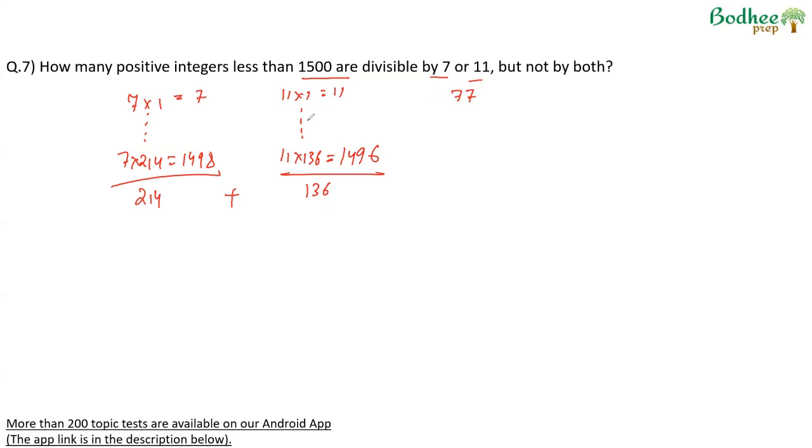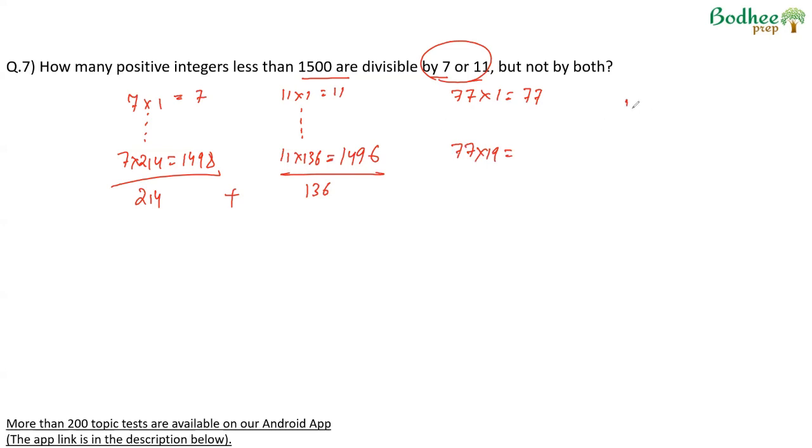So 77 is divisible by both 7 and 11. 77 into 1 is 77. The highest number will be 77 into 20, which is 1540, which will cross 1500. So 77 into 19 would be less than 1500.